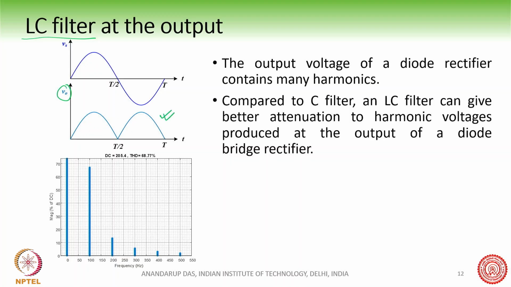So this is the output voltage of the rectifier, and if you do the harmonic analysis, of course it has some DC component, but it has all the second harmonic components, like 100 hertz, 200 hertz, 300 hertz, like this. All the components are present at the output of this voltage, if you do the harmonic spectrum of this.